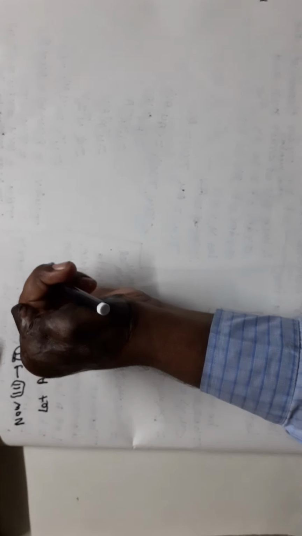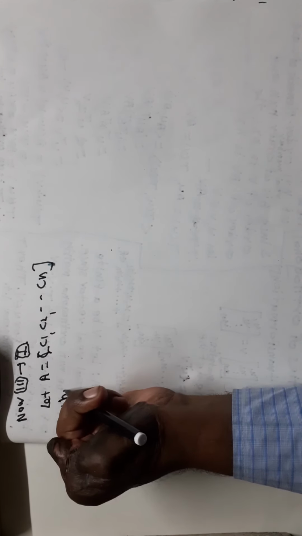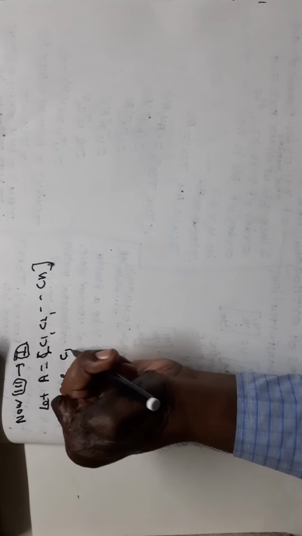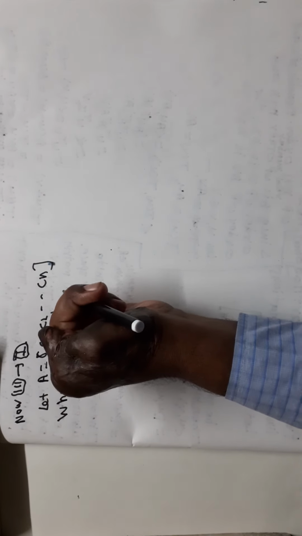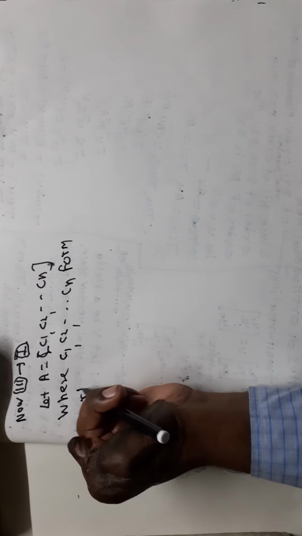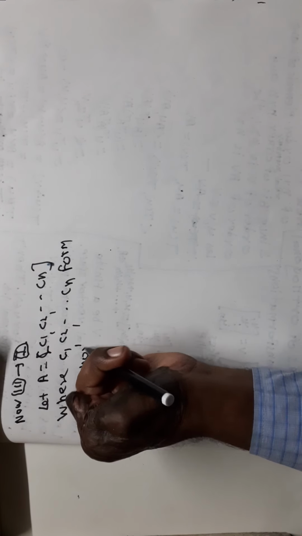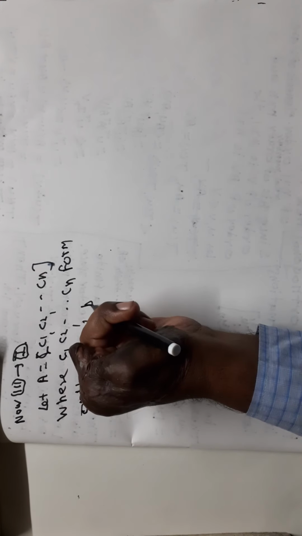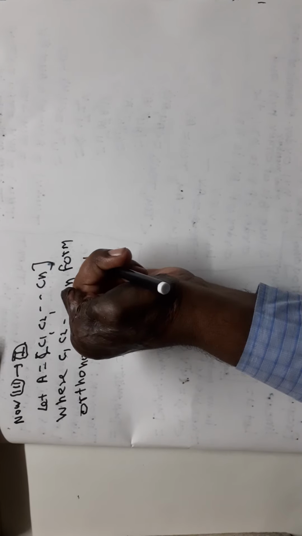Let A be the matrix with columns C1, C2, ..., Cn, where C1, C2, ..., Cn form an orthonormal basis of Rn. We prove that A is an orthogonal matrix.